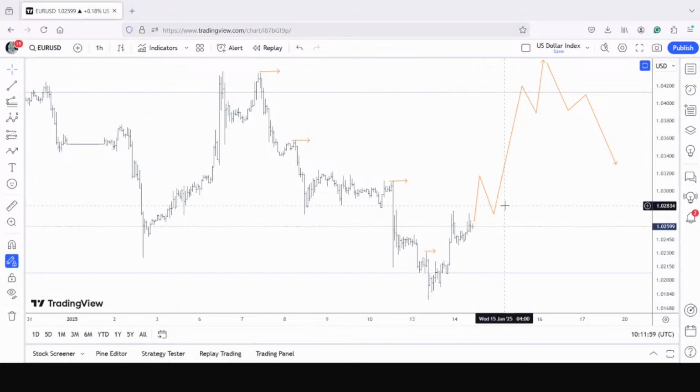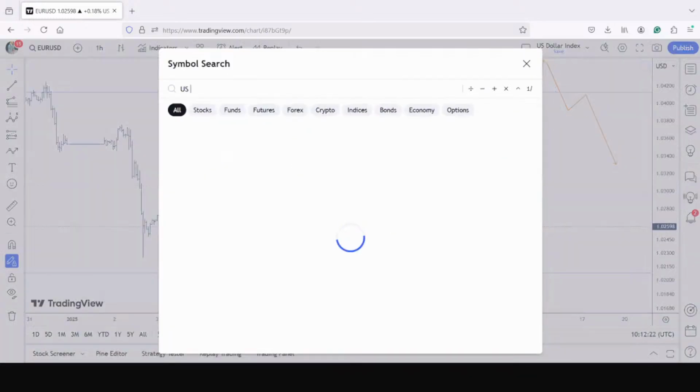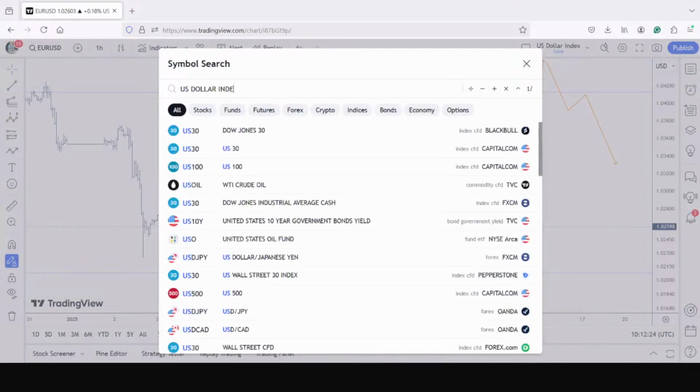We want the first meaningful resistance to be taken out. If you need further price action, then please allow that 310 resistance to be taken out, and then a dip, and then go and buy. That would be more conservative, with more price action confirmation. Correct? All right, let's move on to the dollar index now.